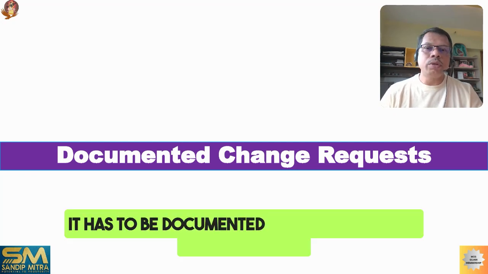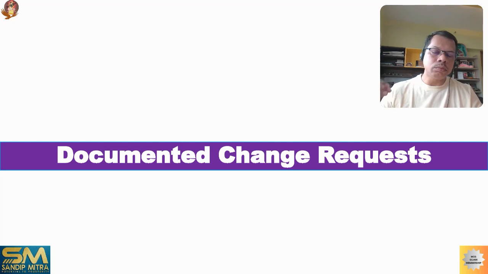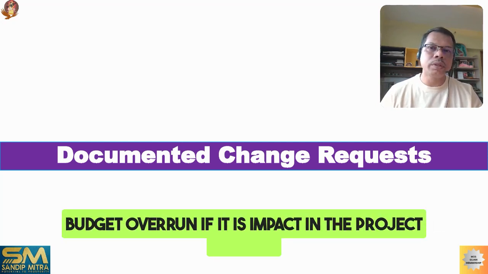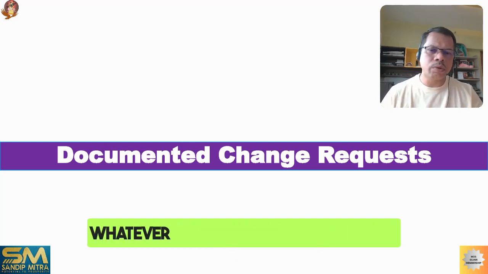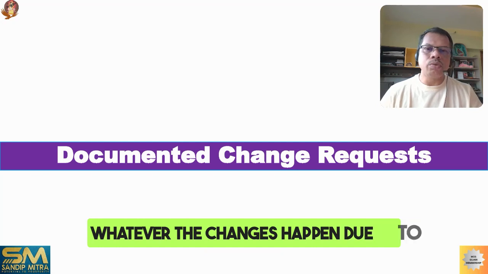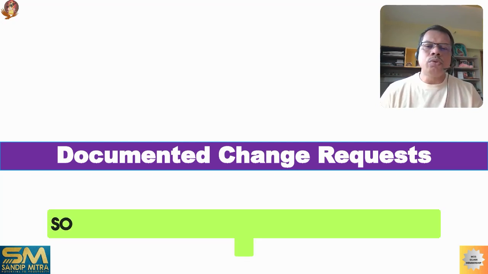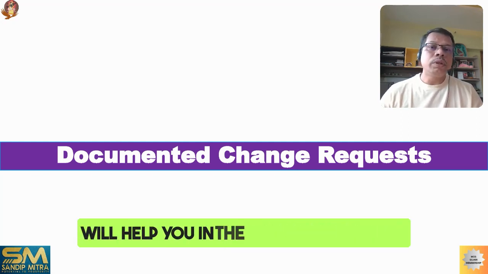It has to be documented, which helps you to understand the budget overrun if it impacts the project, and you can claim the time delay and all those things, whatever changes happen due to various stages in the project. So documentation is a very important part, and it will help you in the next project also.